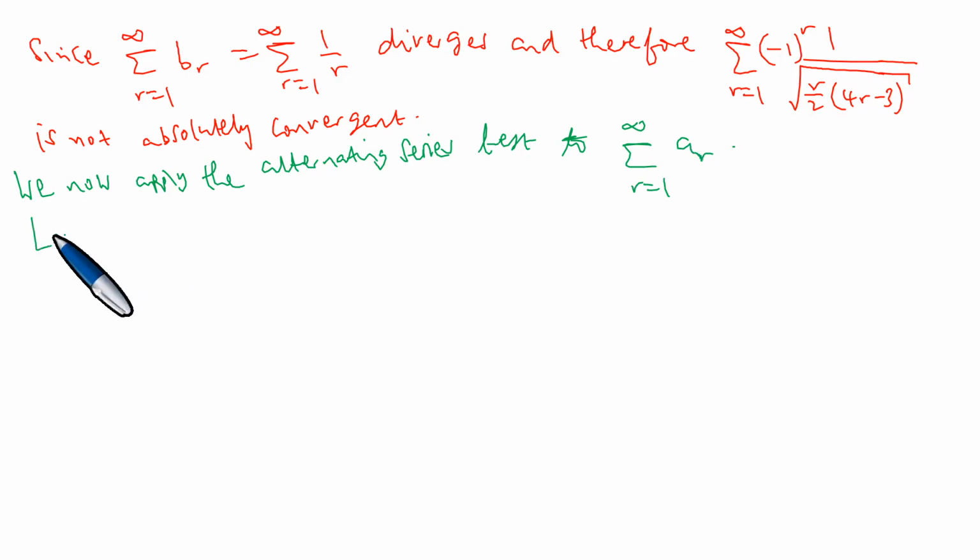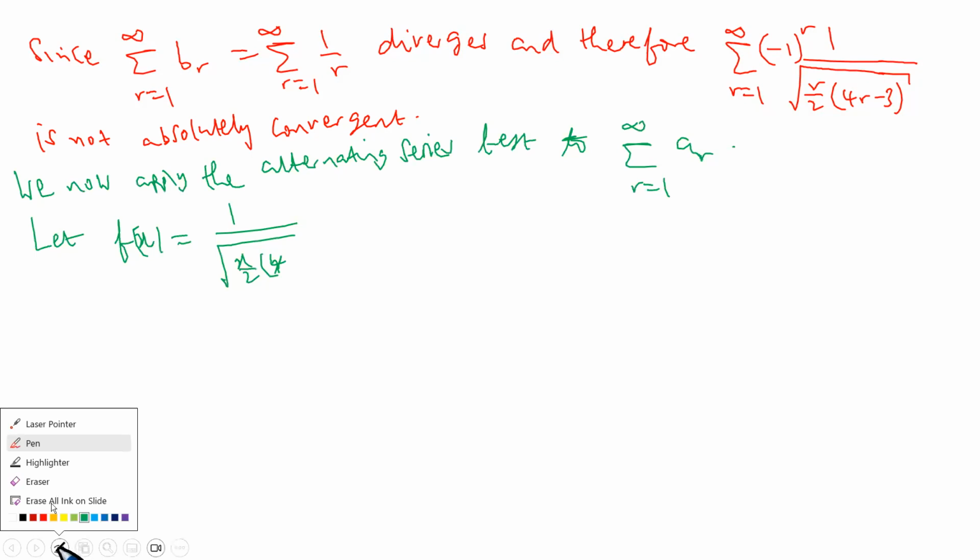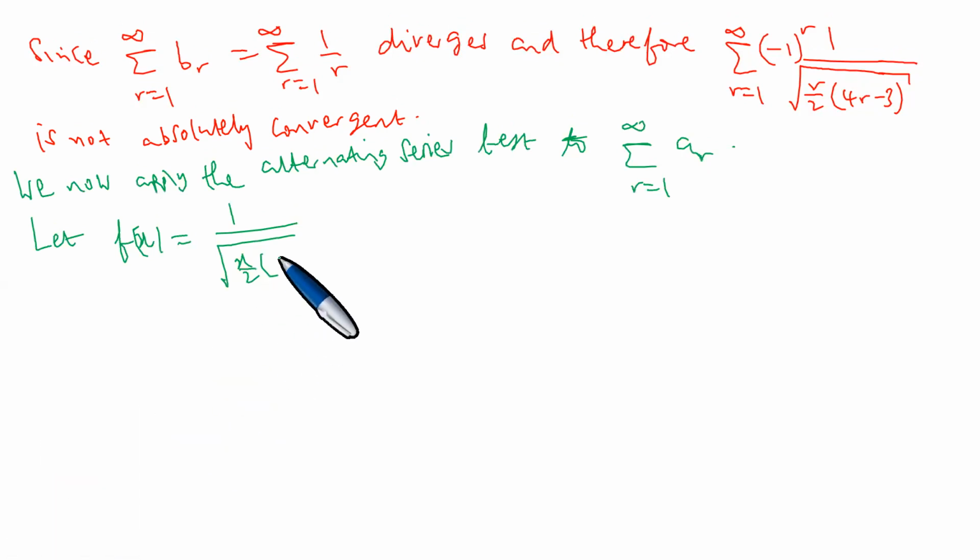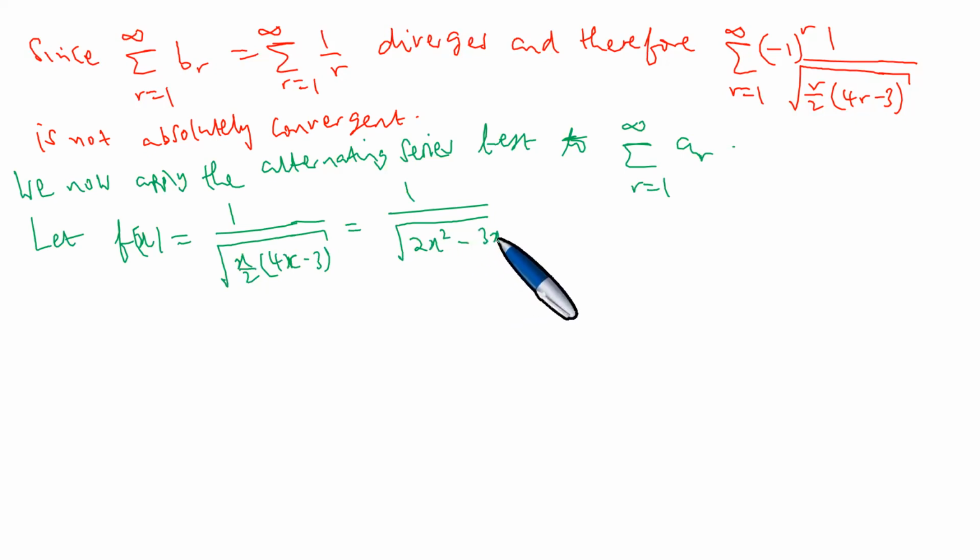Let f of x equal 1 divided by the square root of 2x squared minus 3x over 2.